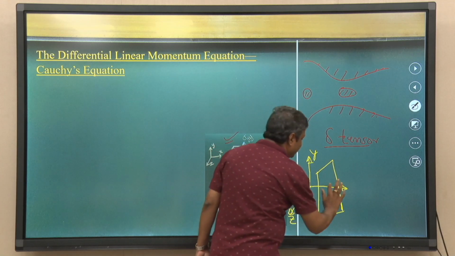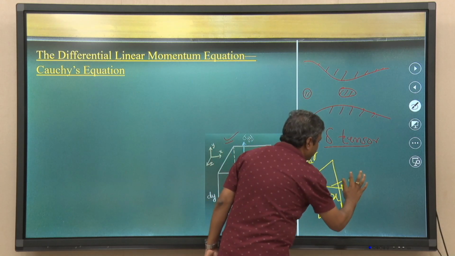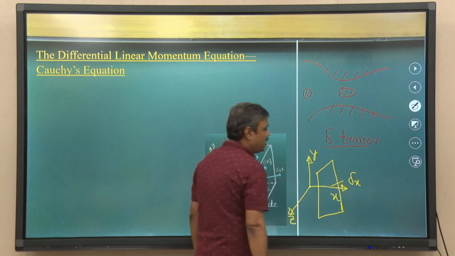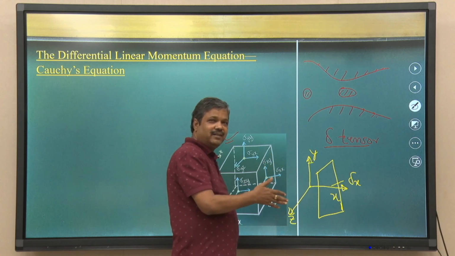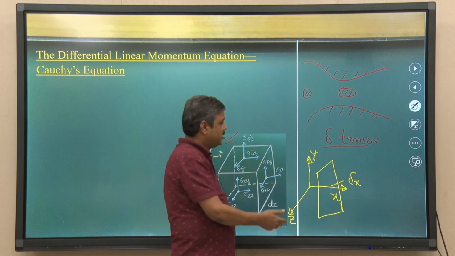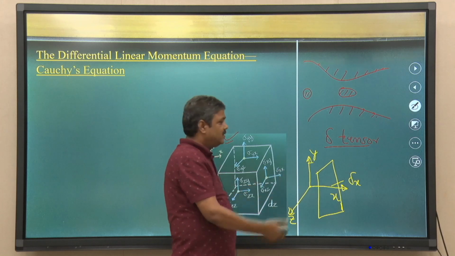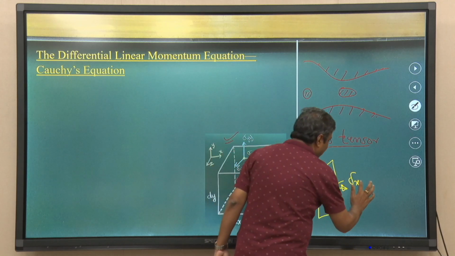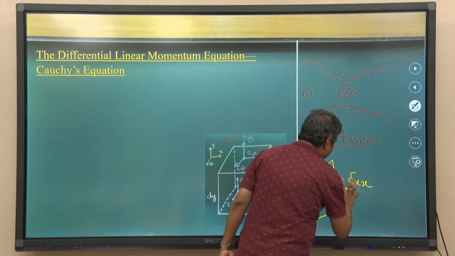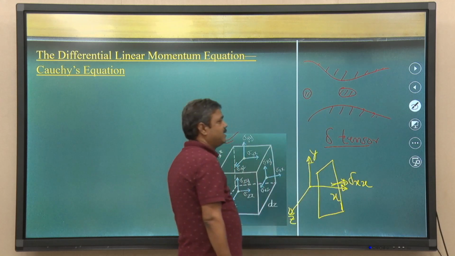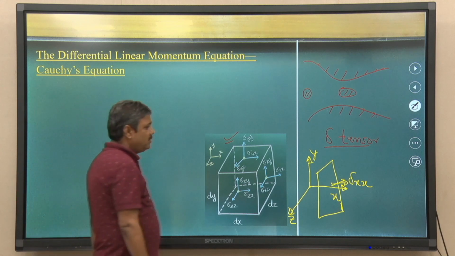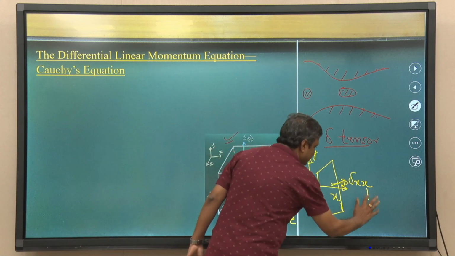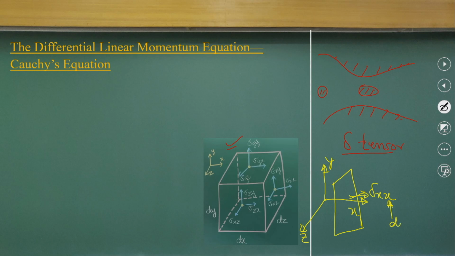So, if I define the stress as sigma, the first subscript indicates that it is acting on a plane which is perpendicular to the x direction. The second shows the direction of the stress component. Any stress tensor we define with two subscripts, one showing the plane and the second showing the direction.